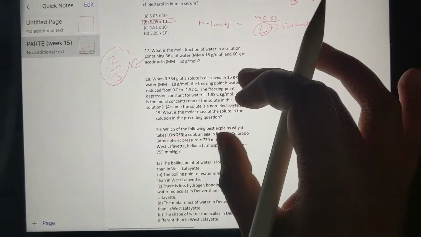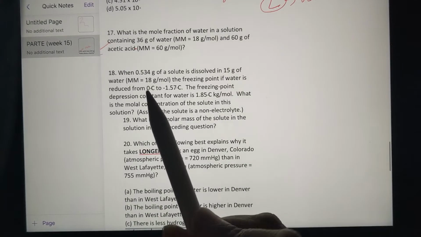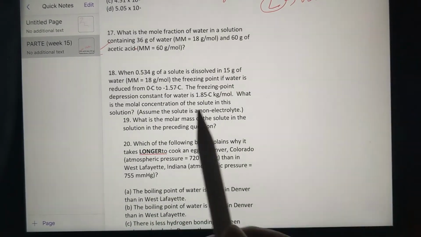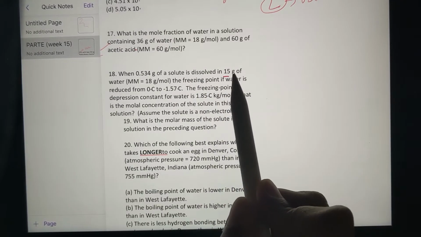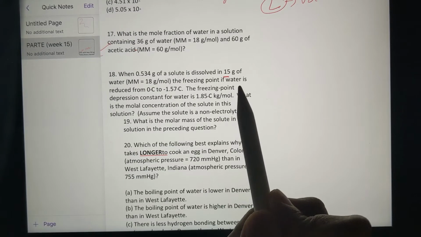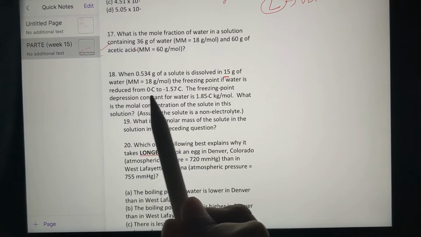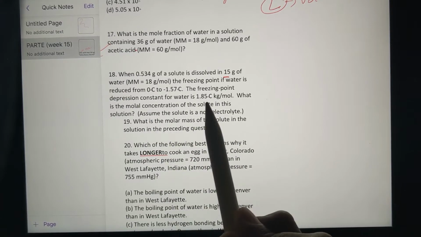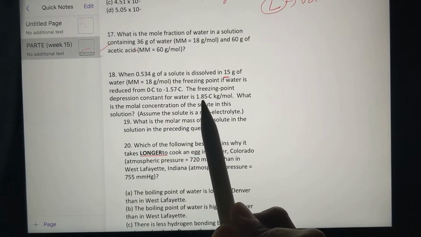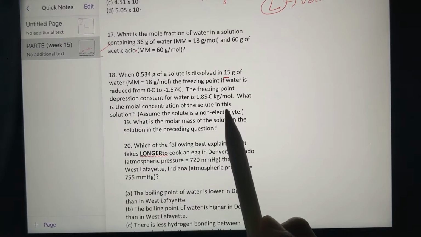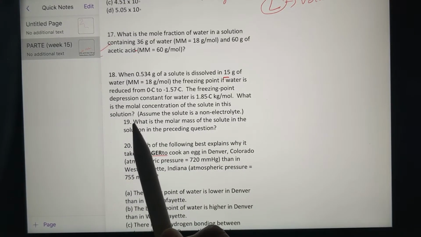Okay, so 18 says you have 0.534 gram of solute dissolved in 15 gram of water. The freezing point of water is reduced from 0 to minus 1.57. You have the depression constant, which is 1.85. What is the molar concentration of the solute in the solution?